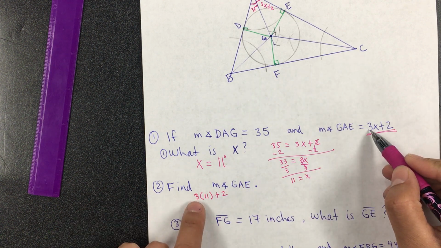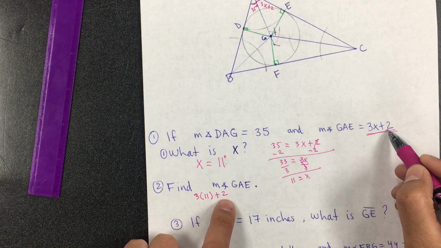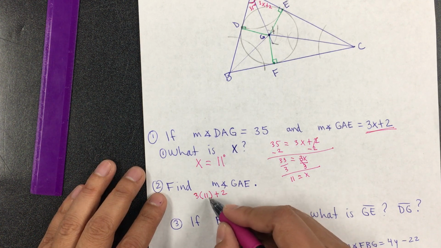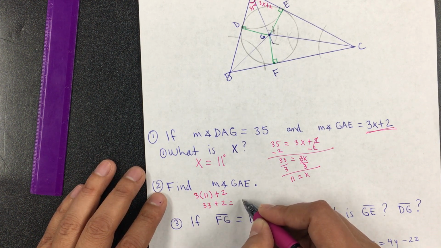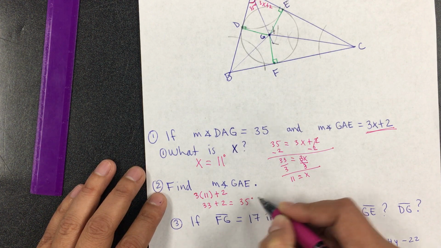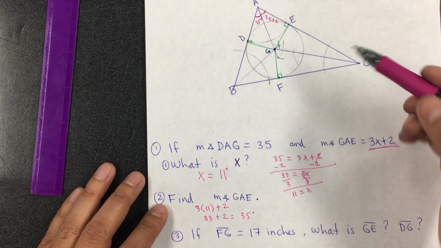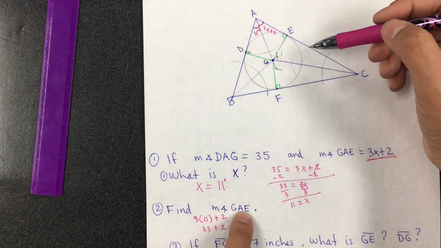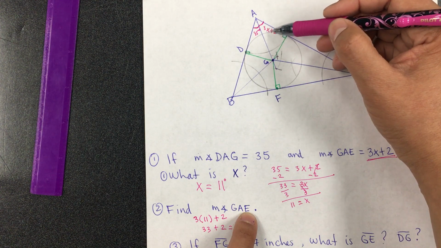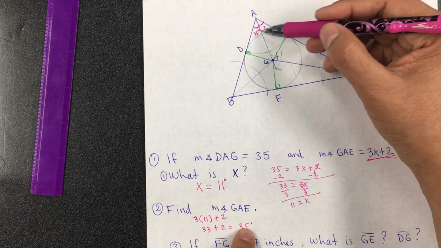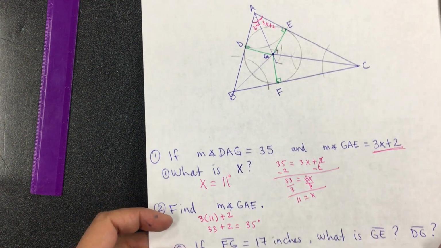Okay, so all we did is copy the 3, instead of x, replace the value of x, plus 2. 3 times 11 is 33, plus 2 gives me 35. As you can see, this measures the same as the other angle. So angle GAE, which is this expression, gives me 35. So yay, they're both congruent, so we got it.